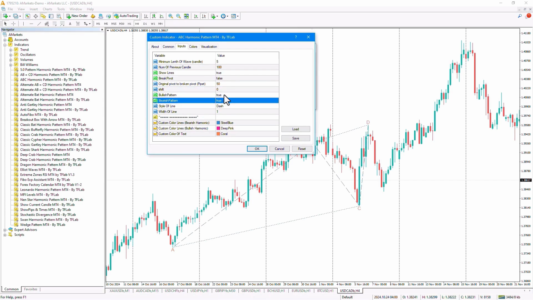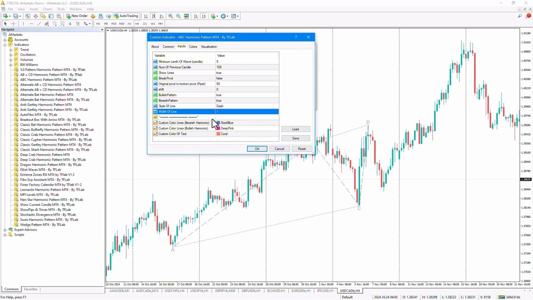In the next section, we can enable or disable the display of bullish and bearish harmonic patterns. In the following section, we can set the drawing style of the harmonic pattern, where 5 options are available: solid, dash, dot, and dash-dot.